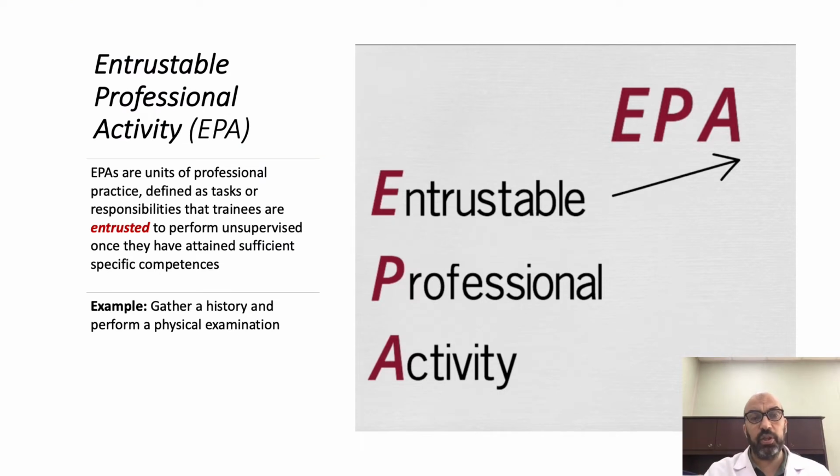We had a previous session with Prof. Jihan about entrustable professional activities, which are units of professional practice defined as a task or responsibility that trainees are entrusted, and the keyword here is entrustment, to perform unsupervised once they have trained sufficiently in the specific competence. For example, gather a history and perform a physical examination.